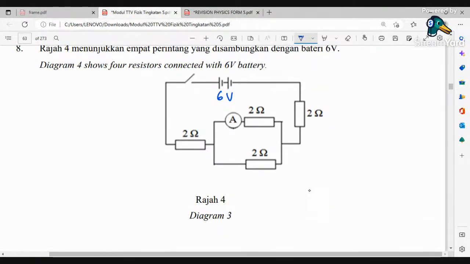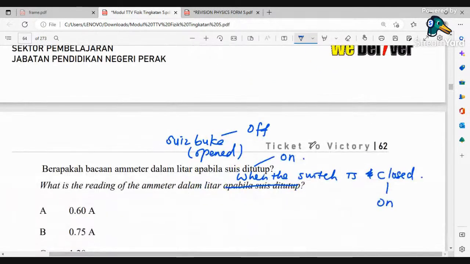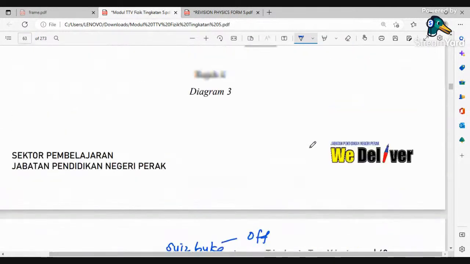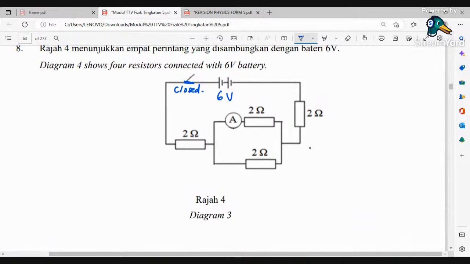So close like this means the circuit is completed. So current will flow through all parts of the resistors in the circuit. The question wants you to find the reading of the ammeter, means you want to find current. So this is the first resistor, R1, R2, R3, R4.